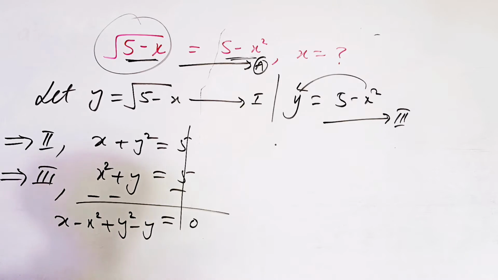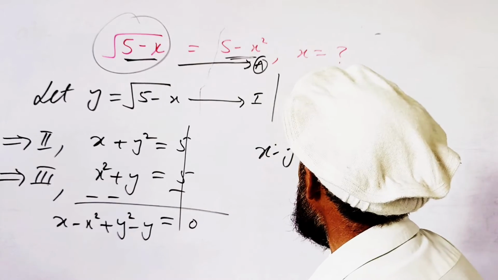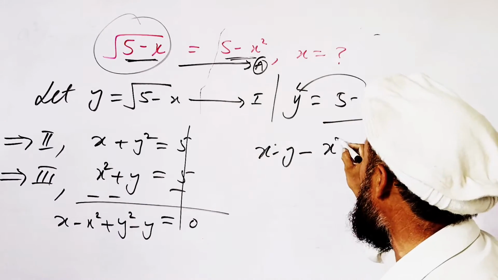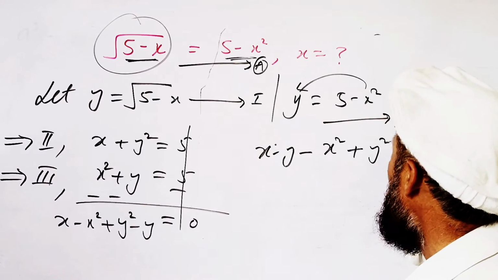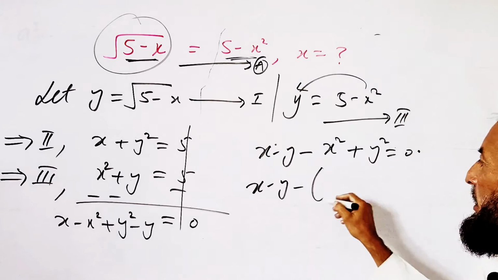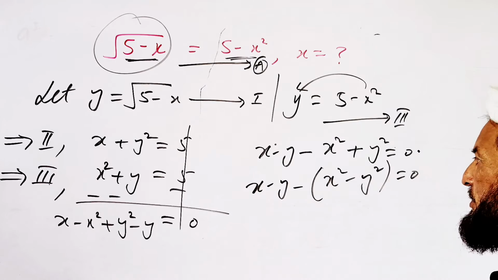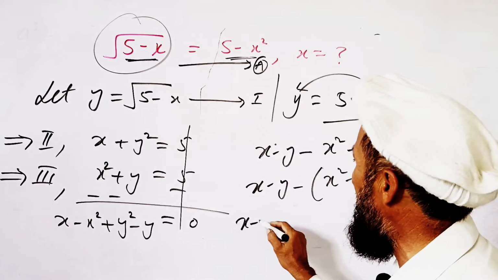Now we can simplify further and arrange: x minus y plus minus x square plus y square is equal to 0. Taking a common minus, minus into minus gives plus, and we get the same term x minus y.